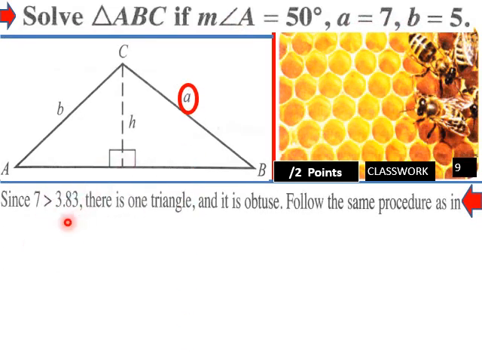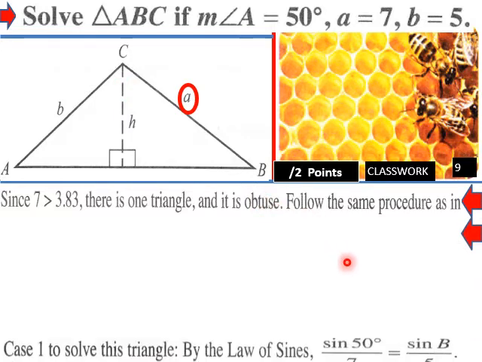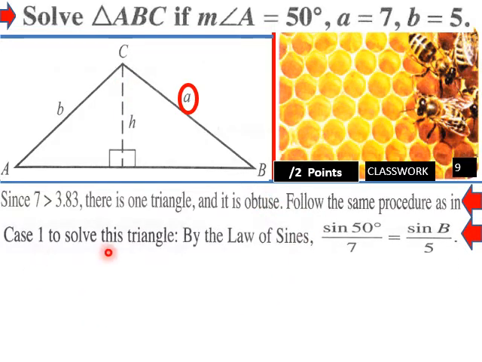Since 7 is greater than 3.83, with a being 7 and b being 5, there is one triangle, and it is obtuse. There is one triangle, so we have an obtuse angle here. Follow the same procedure as in case 1 to solve this triangle.